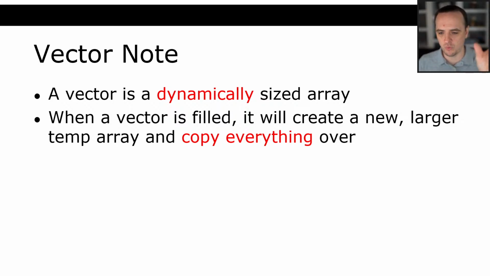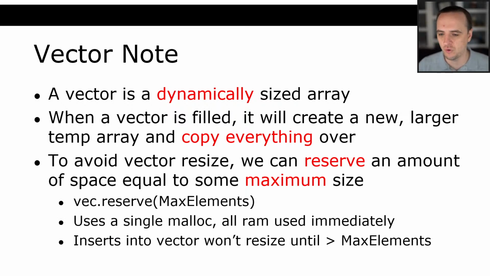Give me 20 things that are contiguous. Give me that memory, and now I'll copy the 10 things that I did have into this new vector of 20, and then add my 11th thing. That's literally what's happening. Every time your vector fills, there's this hugely expensive copy. So avoid vector resizing when you can.